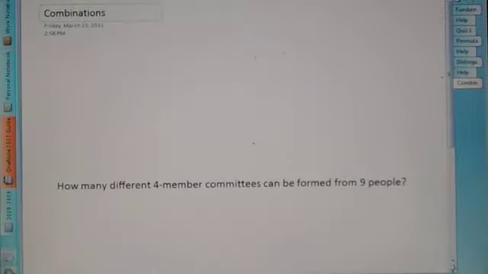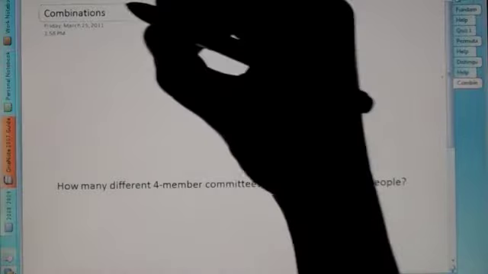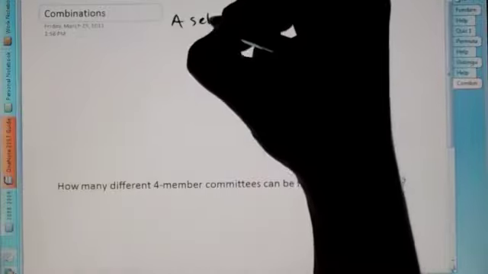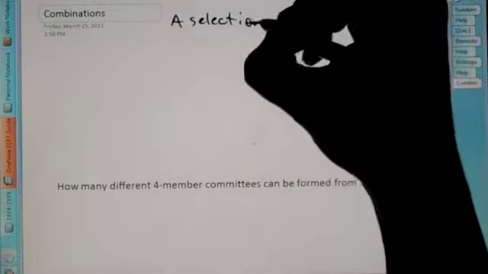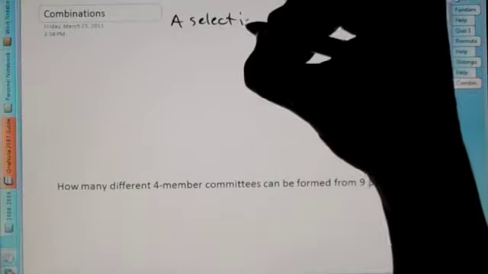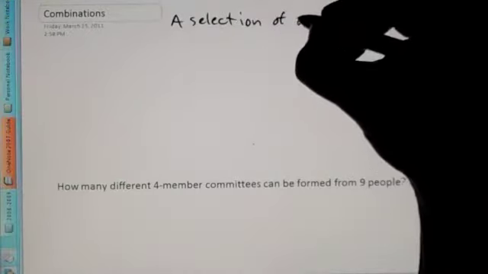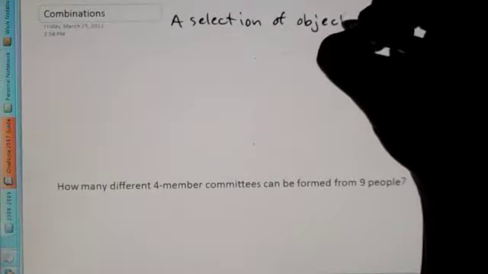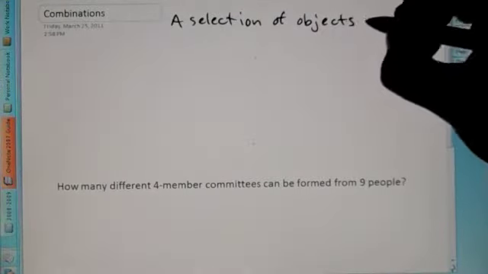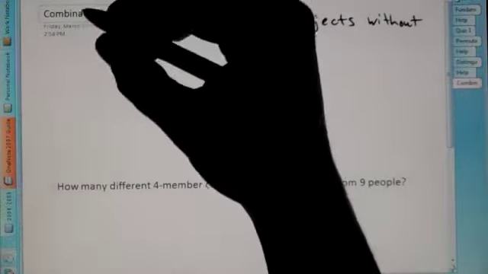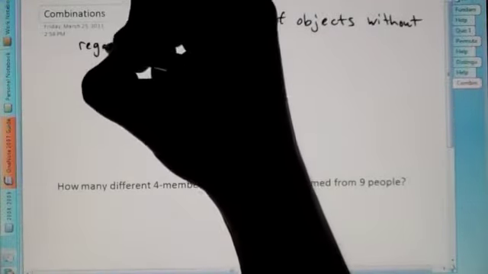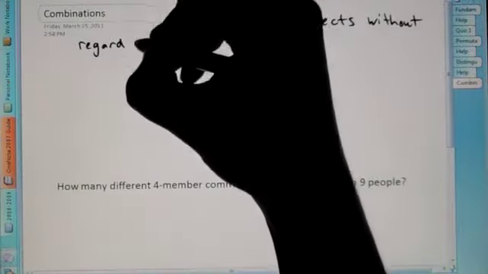Hey Algebra 2, today we're going to be talking about combinations. Combinations are kind of like permutations, except it is a selection of objects, just like the permutation, without regard to order.